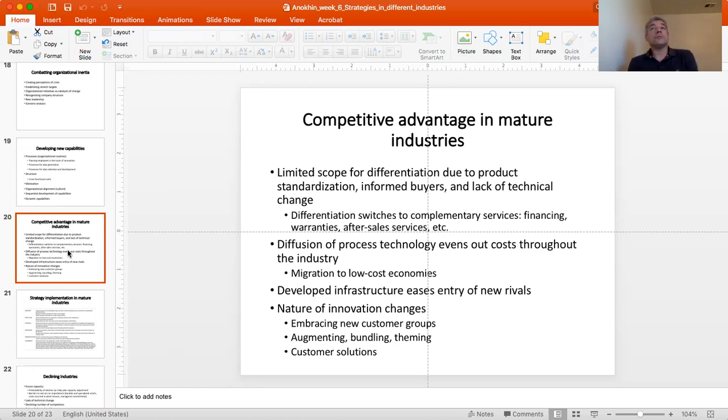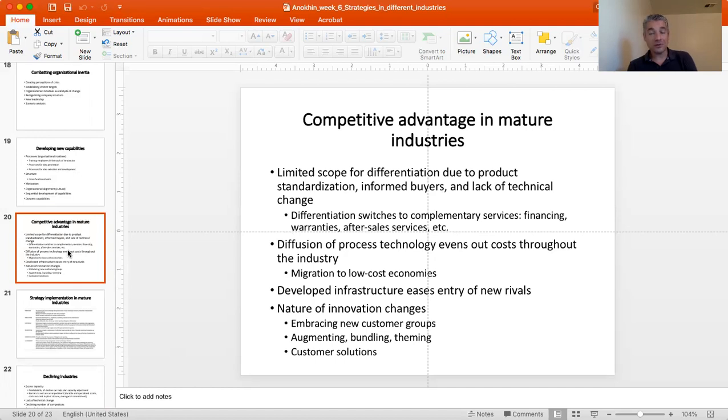Now, that was true for the early stages of industry existence, the growth stages. But what do you do when the industry matures? Well, several things happen in mature industries. First of all, scope for differentiation is limited because the product is highly standardized, buyers are well informed, and technical change is not that active.